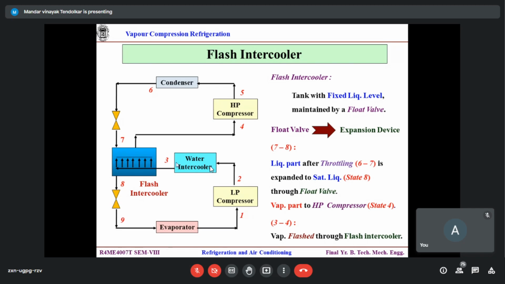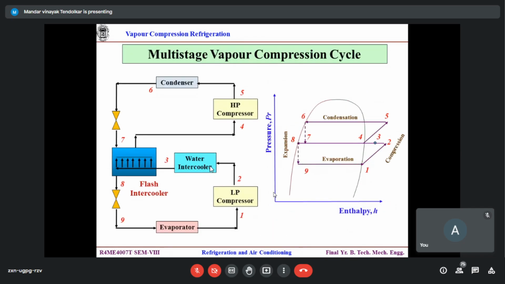Now observe the situation. 3 is the vapor part, 4 is also the vapor part, 7 is the liquid part, 8 is also the liquid part. Agree? Liquid here means liquid plus vapor at 7, and this is liquid at 8. Correct?